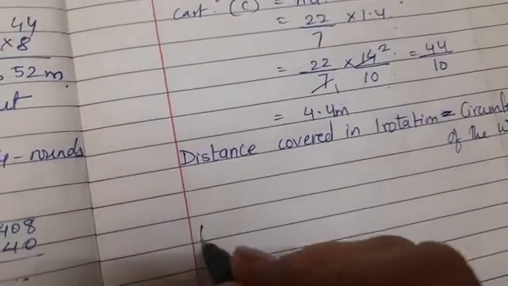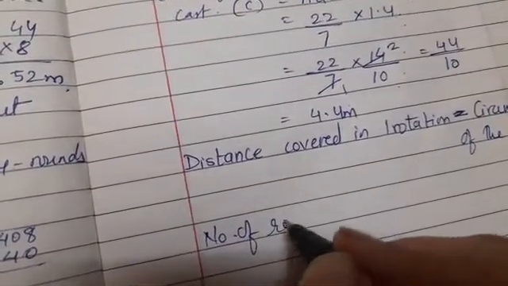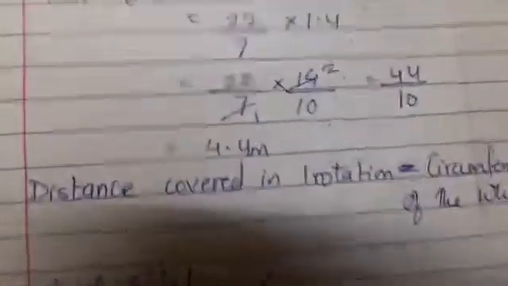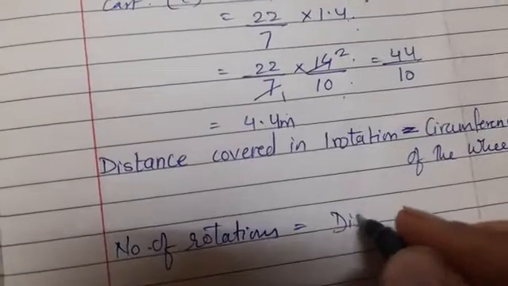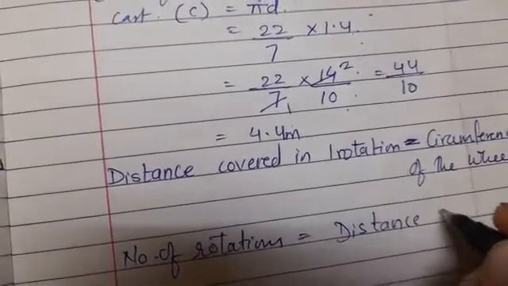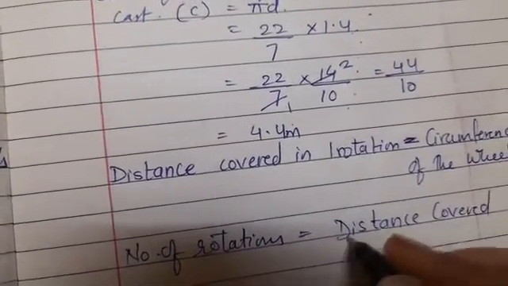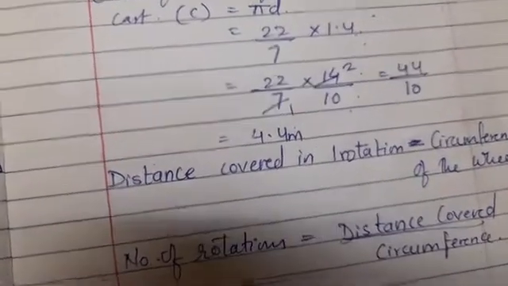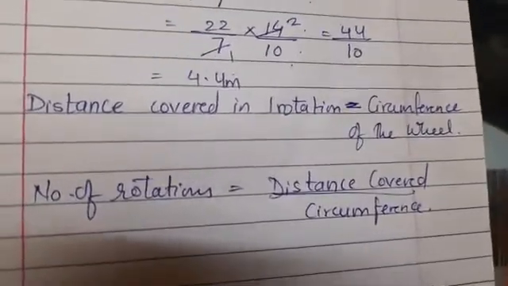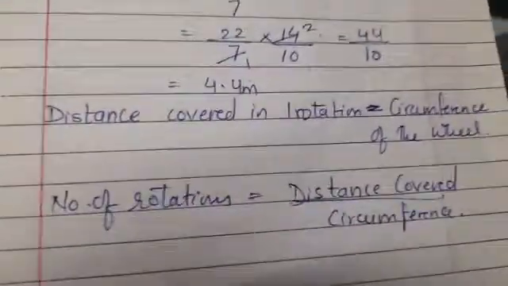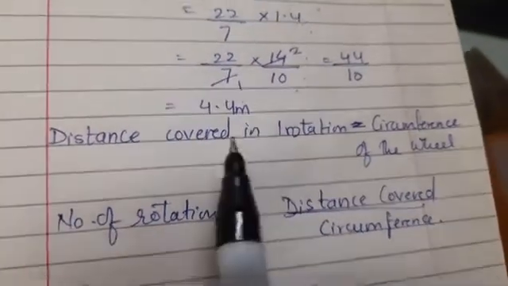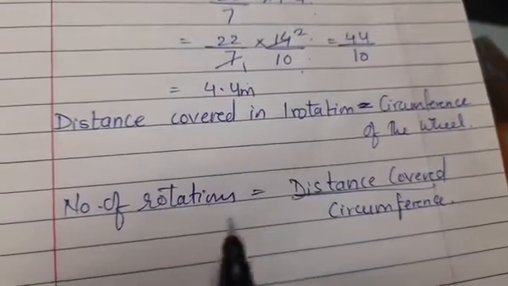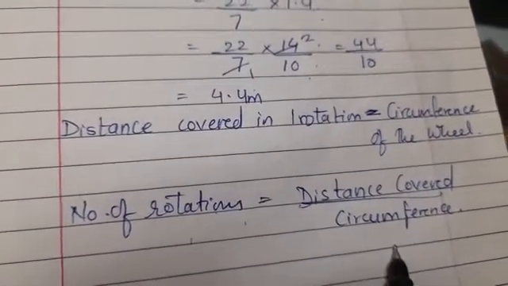So number of rotations is equal to distance covered upon circumference. Number of rotations is equal to distance covered upon circumference. Did you understand? Distance covered in one rotation is the circumference of the wheel, that we found out. Now number of rotations is equal to distance covered upon circumference.